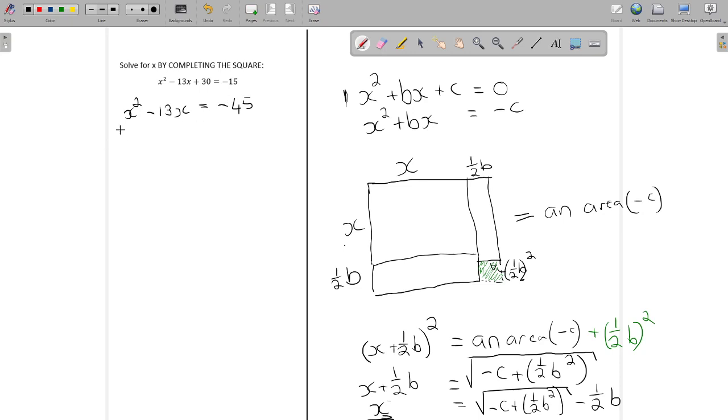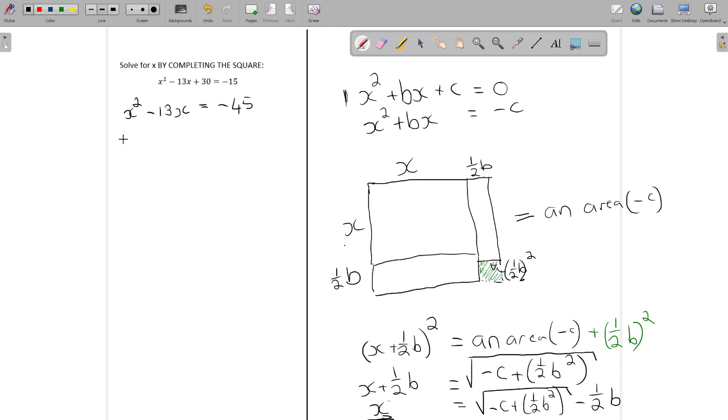Now, the next thing that we did is we added a tiny little rectangle to turn this side into a complete square. So we said half the coefficient of the middle term, so half of b, and we squared it.